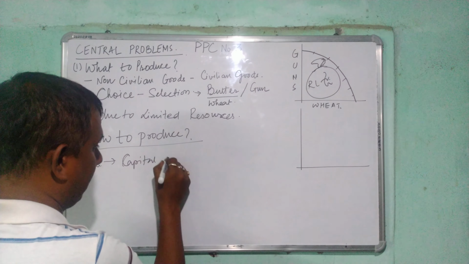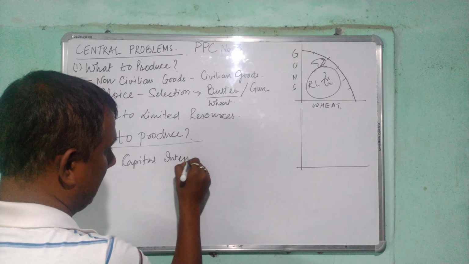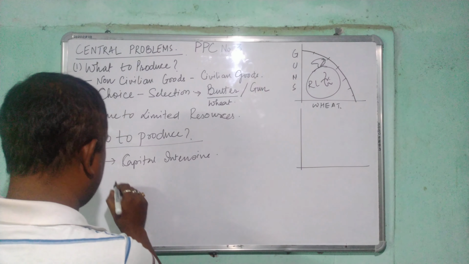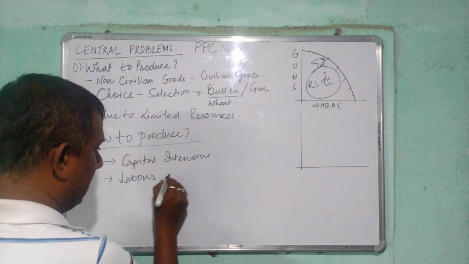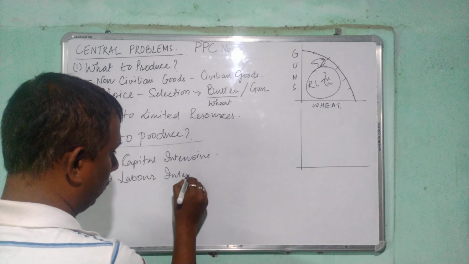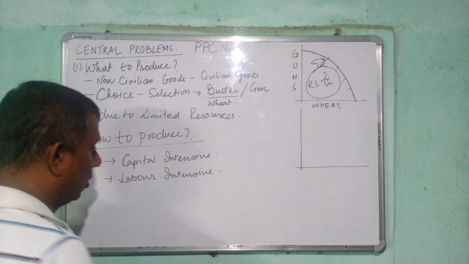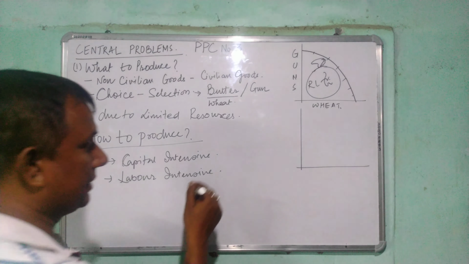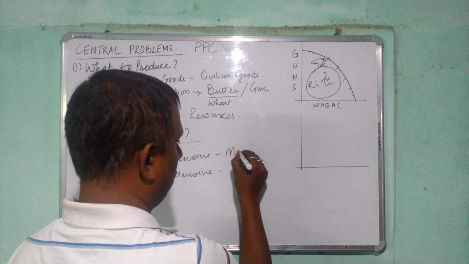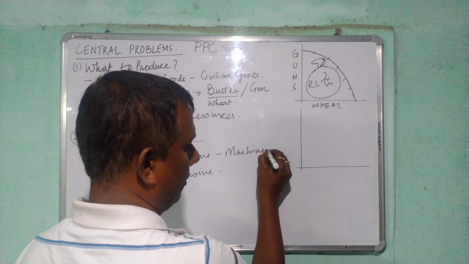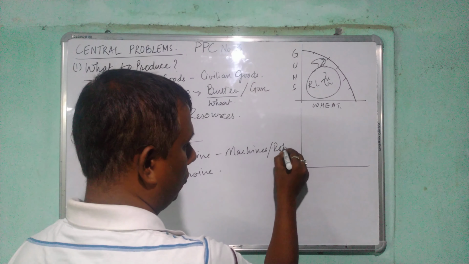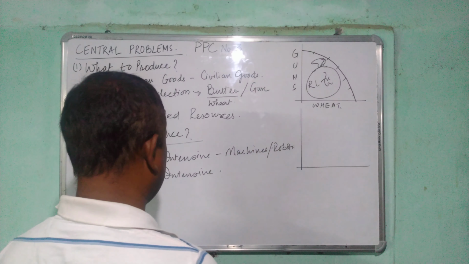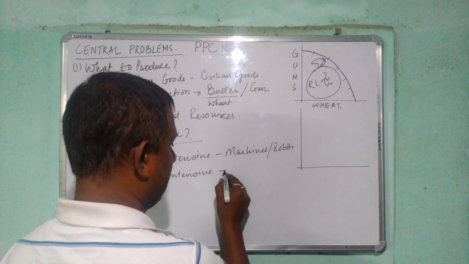One is capital intensive and another one is labor intensive. Capital intensive means we are going to use machines, all the machines and robots, to do the work. And one is labor intensive.